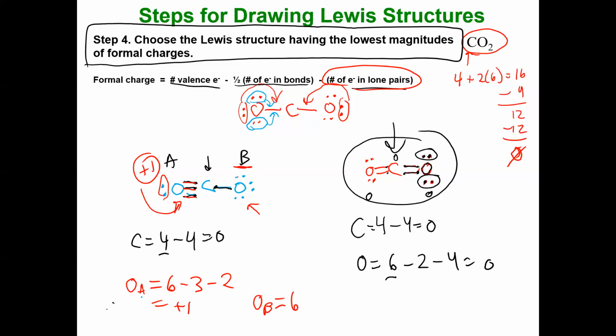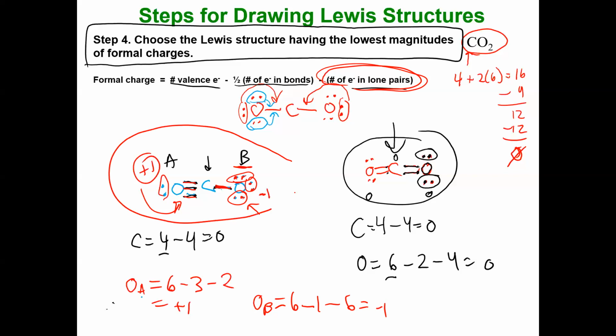How do I know? Well, 1, 2, 3, 4, that's 5, 6. It has 6 valence electrons because it's in group 6A. And then how many bonds? 1, minus the number of electrons in lone pairs, 2, 4, 6. It has a formal charge of -1.